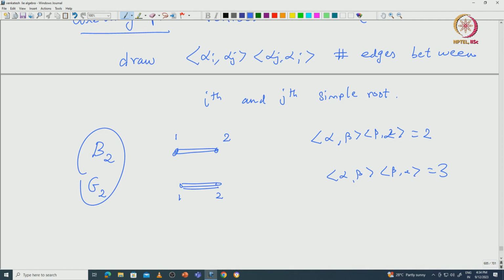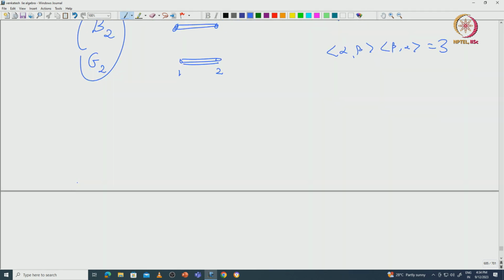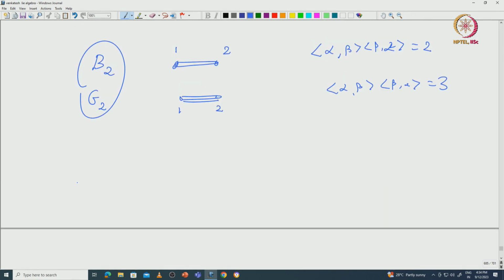For that purpose, we introduce what is called the Dynkin diagram. Of course, the base graph of the Dynkin diagram will be the same as the Coxeter graph. All we do is put an arrow between a long root and a short root. Basically, we add an arrow pointing to the shorter of the 2 roots. So, let us say alpha and beta are the 2 roots and there are some edges between them.